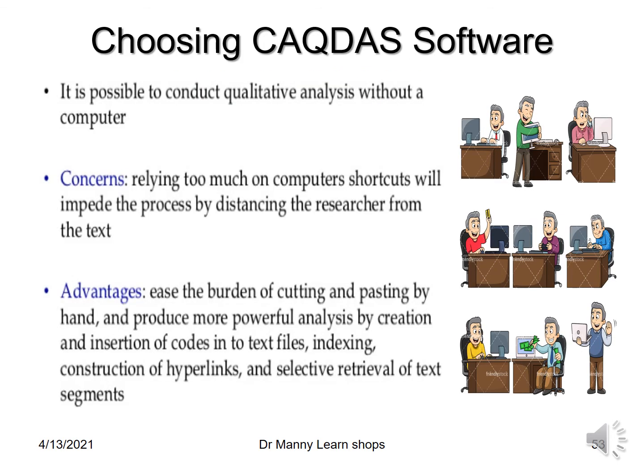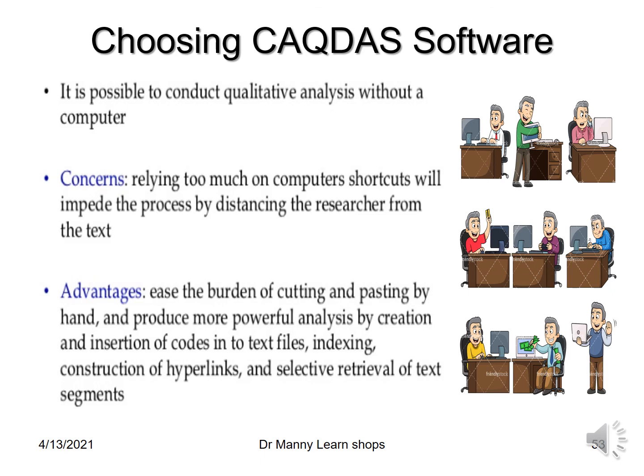Well, choosing software. It is possible to conduct qualitative analysis without a computer, and that's my philosophy. What are the concerns? That as a researcher, you rely too much on computers, shortcuts, that'll impede the process of distancing the researcher from the text or the data.